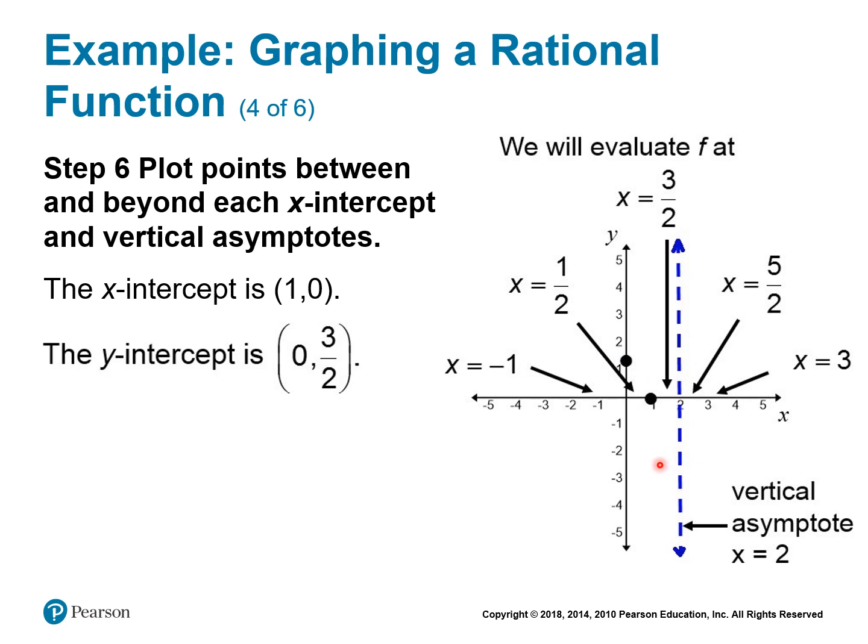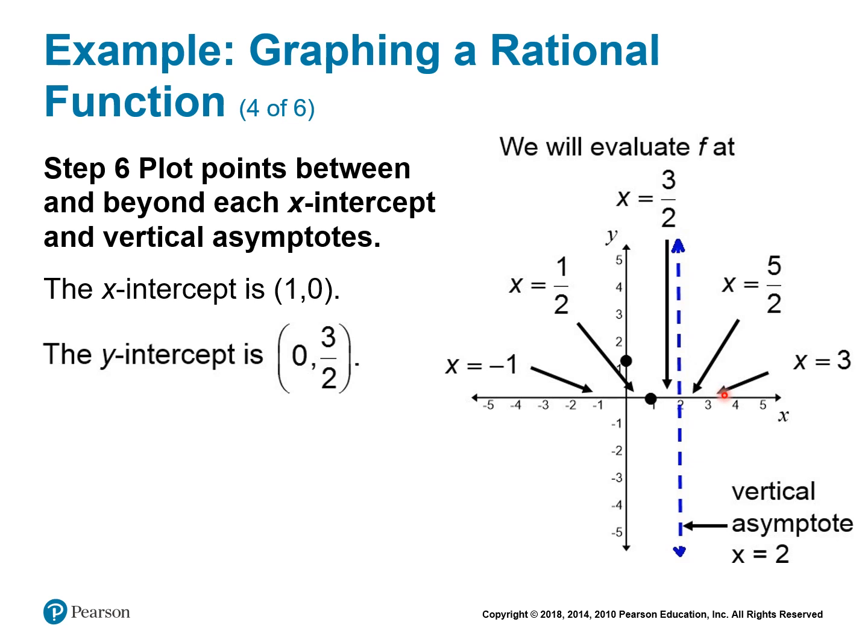So the vertical asymptote was at x equals 2. If you look back, it was at x equals 2. So we draw this dashed line for the vertical asymptote, and we plot some points here. We just pick some points between and beyond each x-intercept and vertical asymptote.